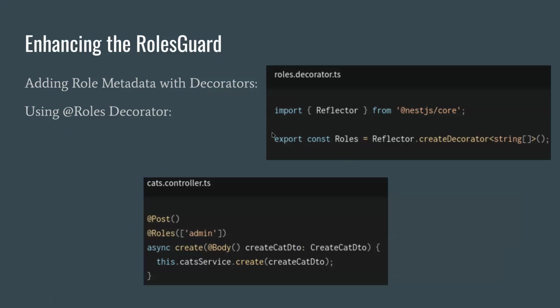NestJS provides the ability to attach custom metadata to route handlers through either decorators created via the Reflector.createDecorator static method or the built-in SetMetadata decorator.